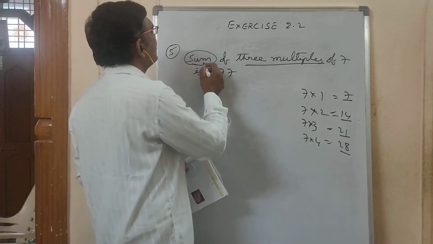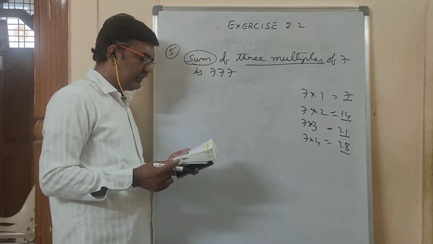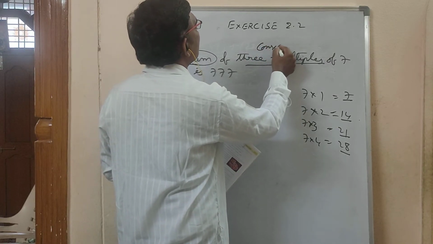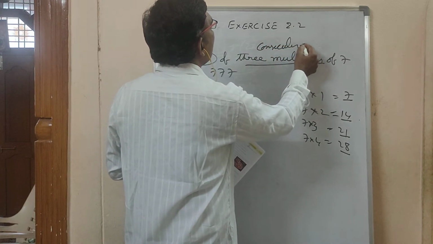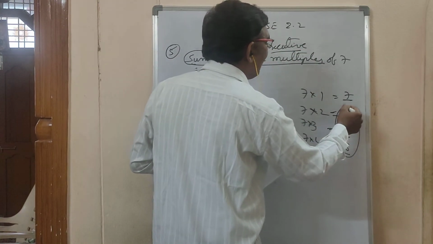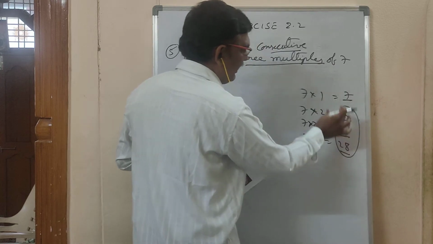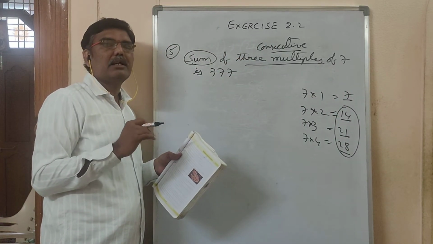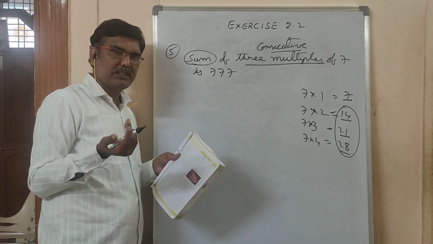So, sum of 3, what he said? Not multiples, consecutive multiples. See, here again consecutive is given. Consecutive means how they will be? They will be in order. 3 in order means next to next only. Like 2 and 3 are consecutive numbers, I said to you already.